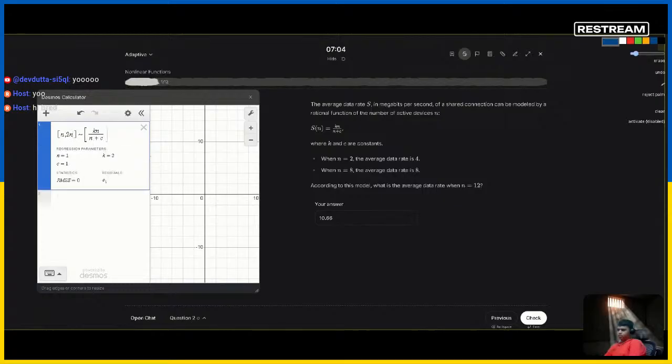If it's 2n, then it gives an output of 4. But that's saying if it's 1n, it should give an output of that. We don't want that.